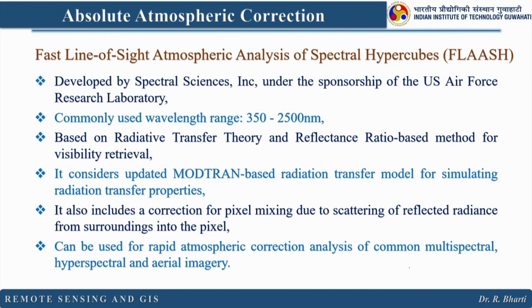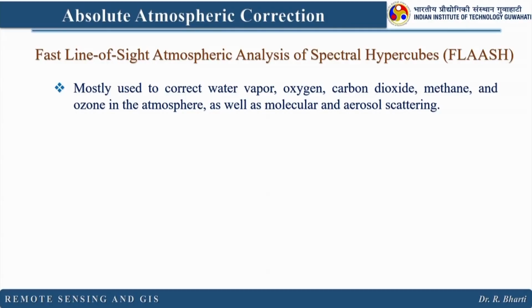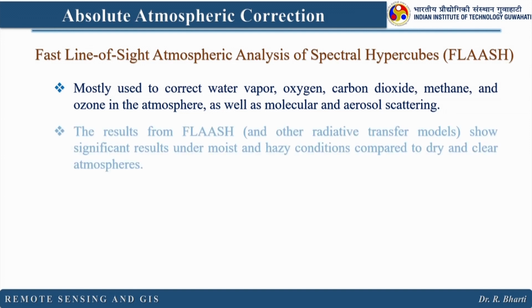It can be used for rapid atmospheric correction analysis of common multispectral, hyperspectral and aerial imagery, but with slight modification you can apply it to any multispectral and hyperspectral imagery. It is mostly used to correct water vapor, oxygen, carbon dioxide, methane and ozone in the atmosphere, as well as molecular and aerosol scattering.